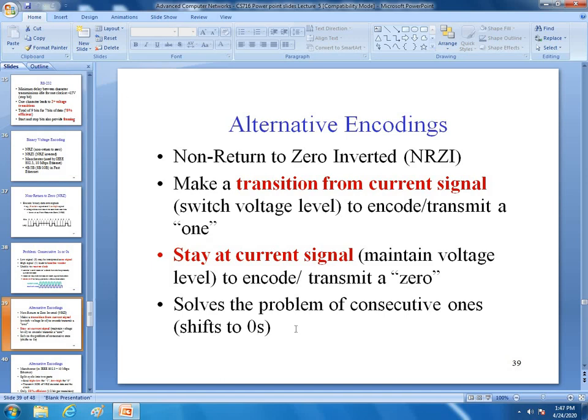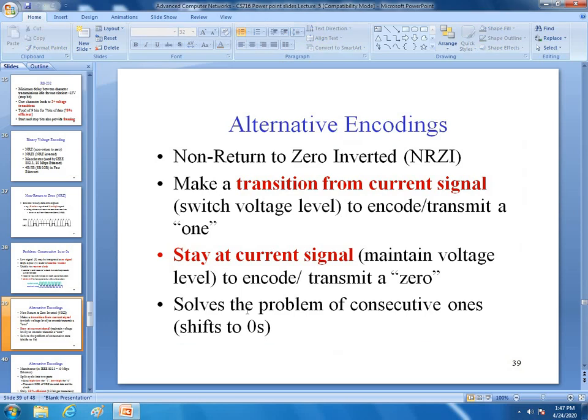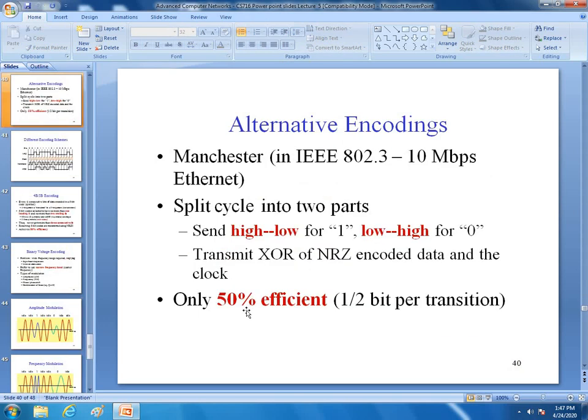Because you make a transition at every 1, we can easily overcome the baseline wander problem through non-return to zero inverted. However, there is another scheme called Manchester, which is comparatively better.